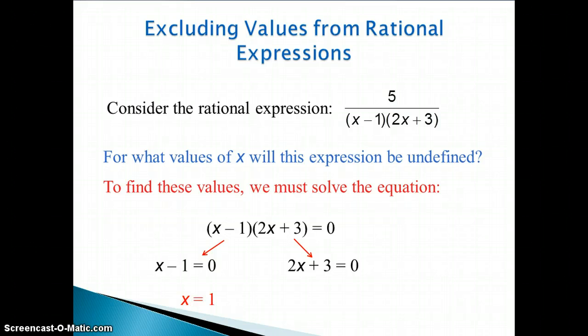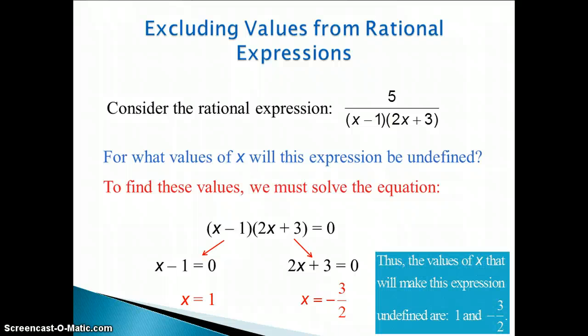So the solution to the first equation is x equals 1, and the solution to the second equation is x equals negative 3 halves. Thus, the values of x that will make this expression undefined are the numbers 1 and negative 3 halves. And that's because those are the two values of x that would make the denominator equal to 0.